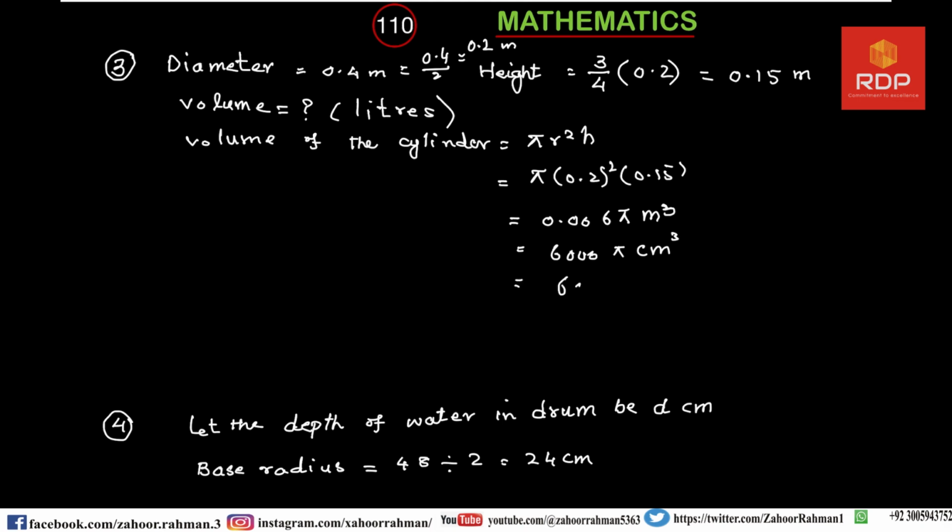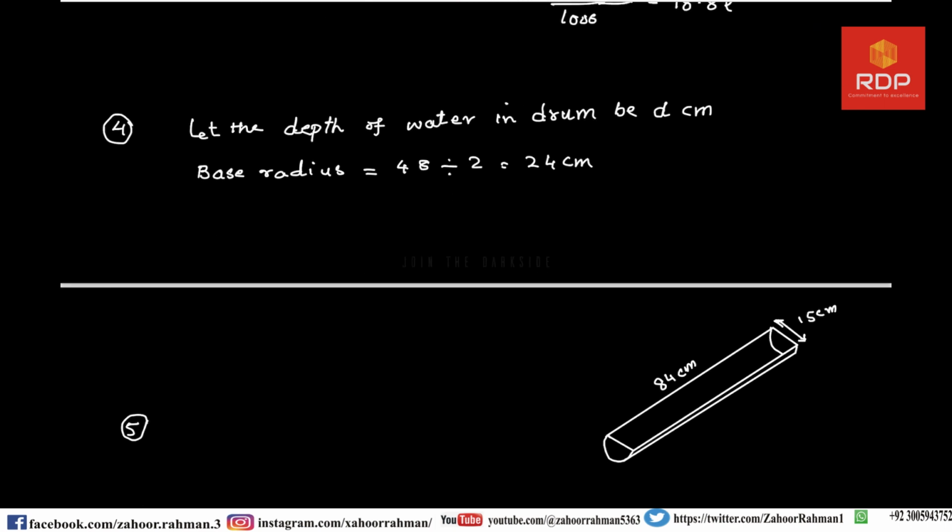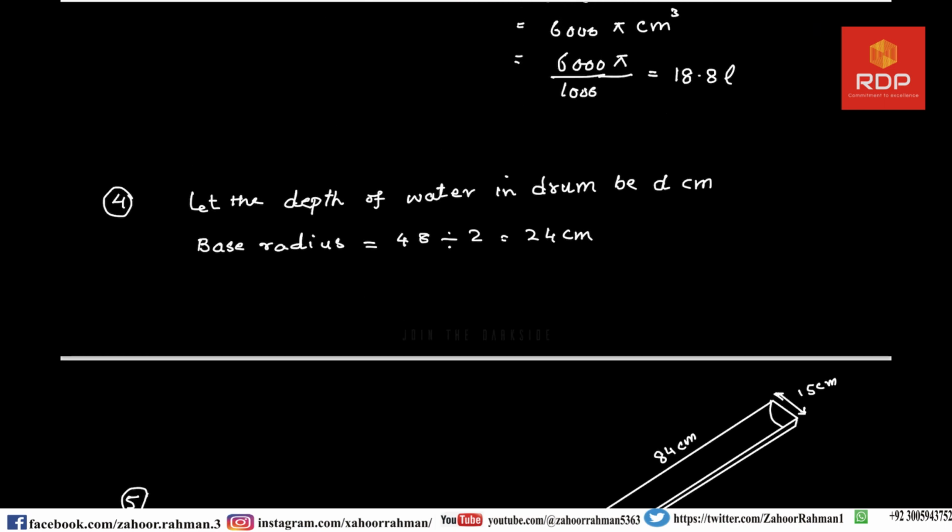So we have to divide it by 1000, and we will get the answer 18.8 liter after inserting the value of pi as well. So that will be the final answer, that the volume or the capacity of that cylinder is 18.8 liter.